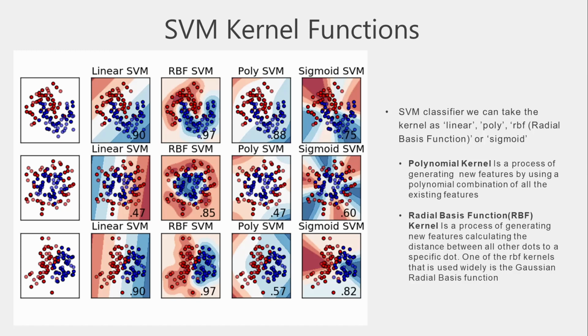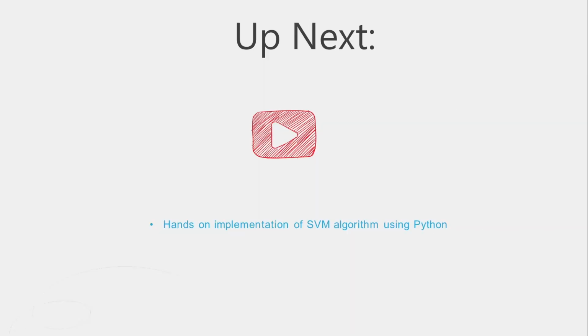One of the RBF kernels that is used widely is the Gaussian radial basis function. So, for example, on the left you can see how different kernels classify the same data in different ways.